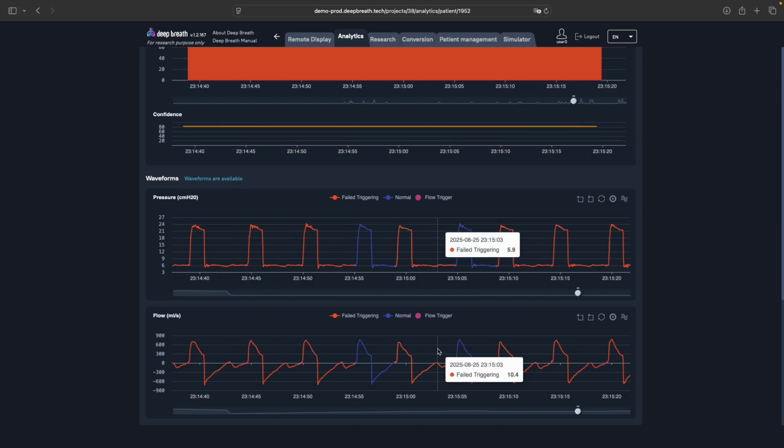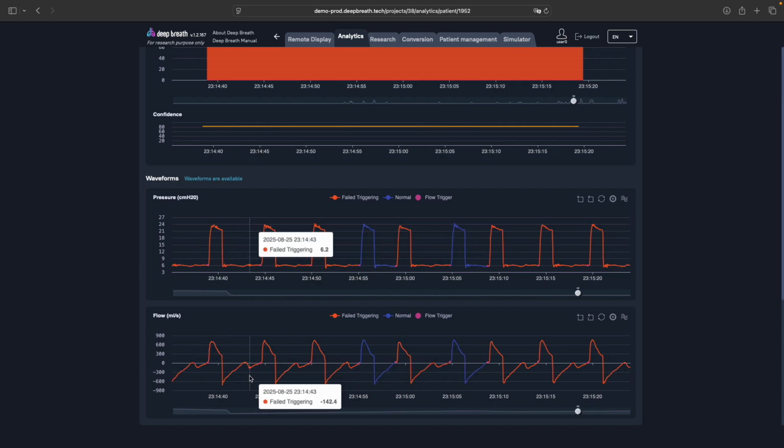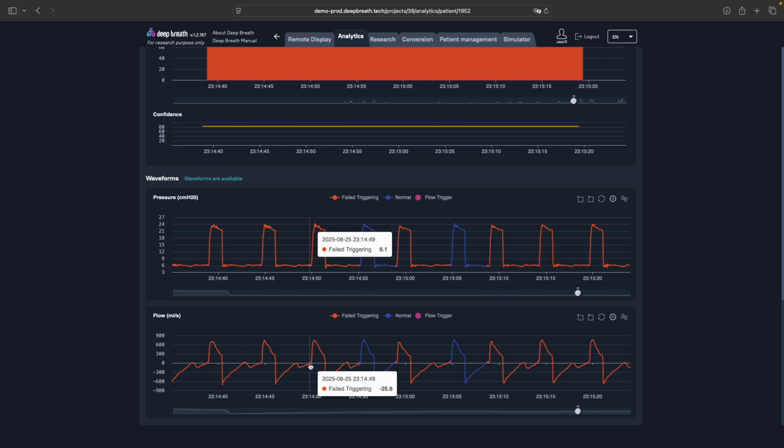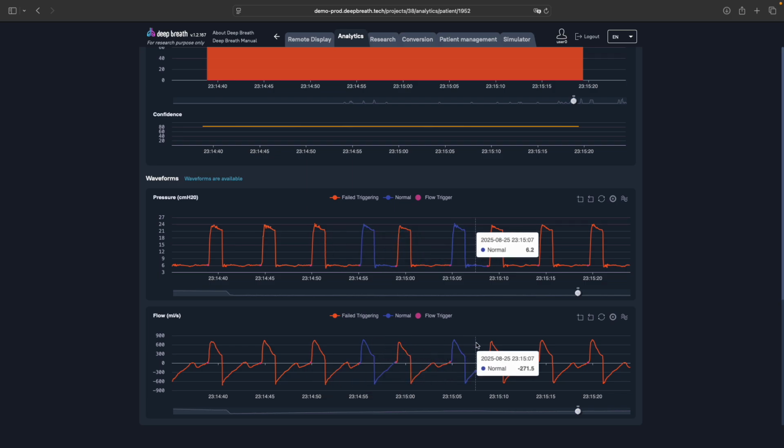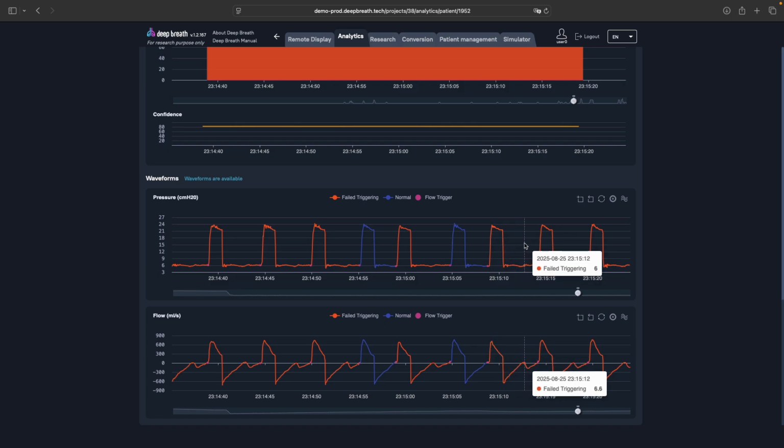Here you can see a lot of failed triggering, also known as ineffective effort breath, in the picture, and normal ones. What is not obvious is the reason why it happens.